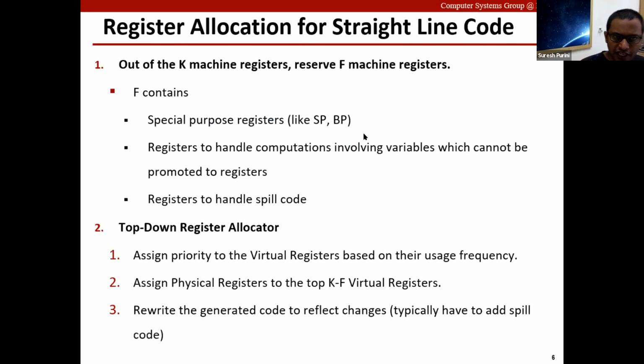In today's class, we will first see register allocation for a straight line sequence of code, that is, register allocation within a basic block. This is what is called local register allocation, because we are working within basic blocks, where the code is a straight line sequence of code.